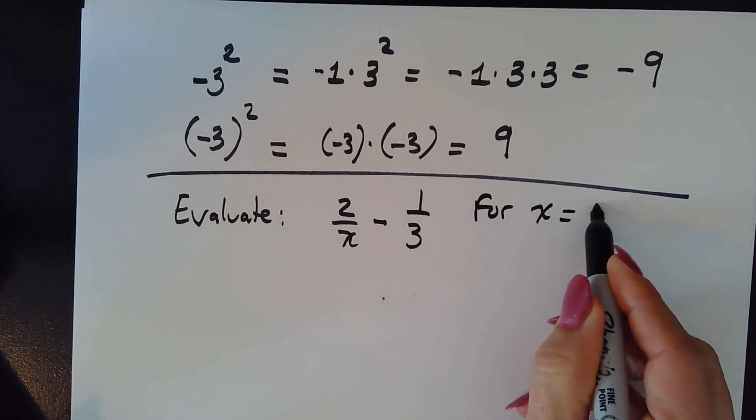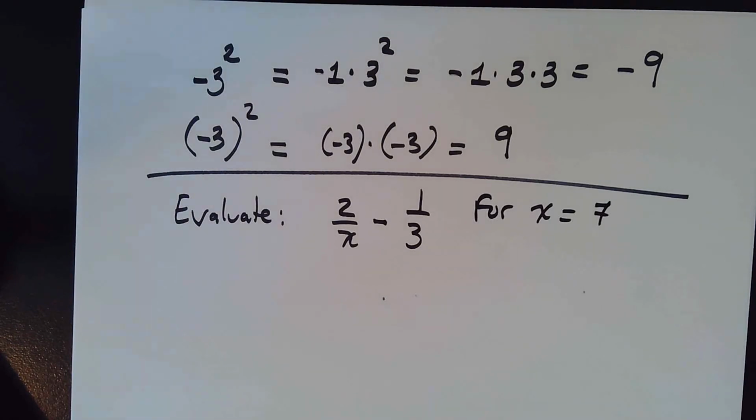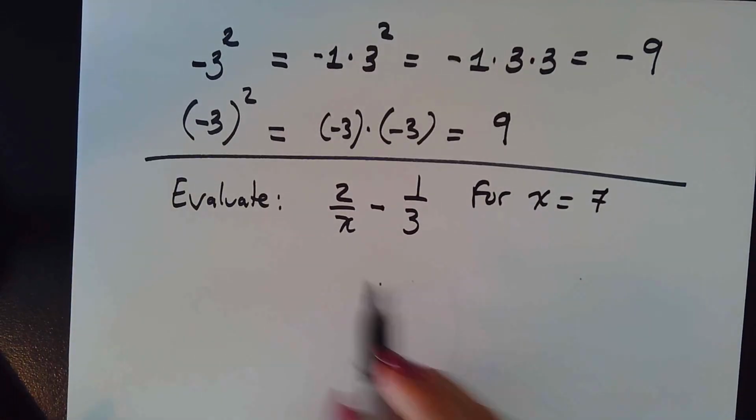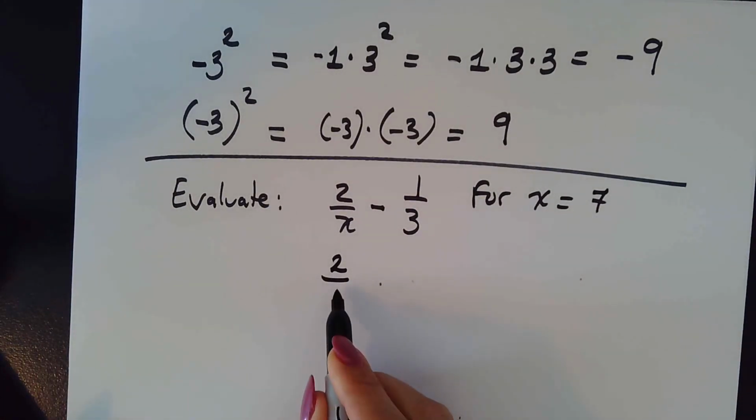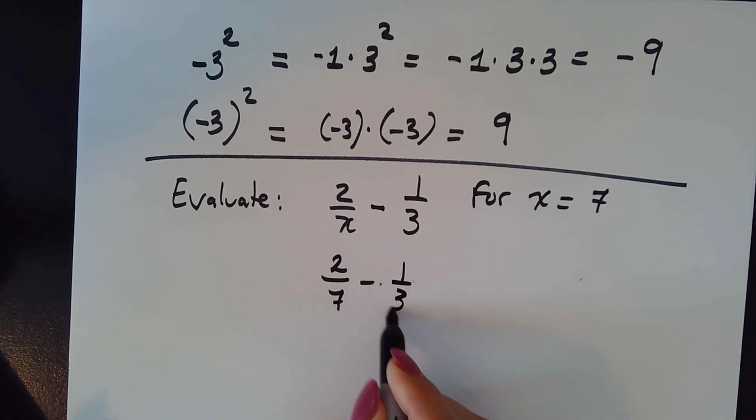X is equal to 7, so what I'm going to do is replace x with 7. So this is going to change to 2 over 7 minus 1 over 3. And then you're going to follow the approach that we followed. What do we have to do? We need to find the least common denominator.